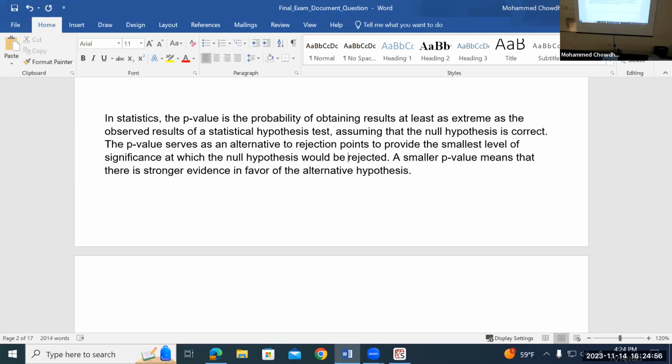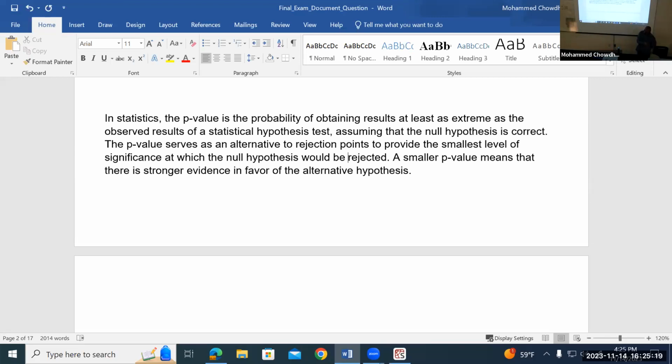In statistics, the p-value is the probability of obtaining a result at least as extreme as the observed result of a statistical hypothesis test, assuming that the null hypothesis is correct. The p-value serves as an alternative to the rejection point to provide the smallest level of significance at which the null hypothesis would be rejected.